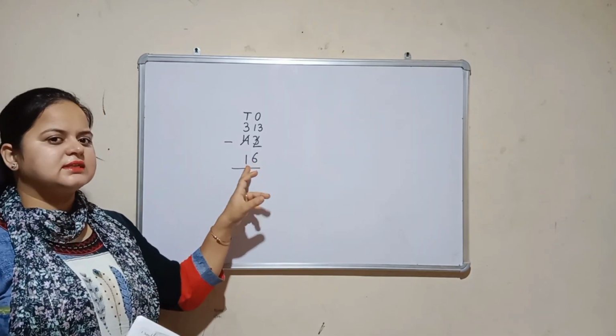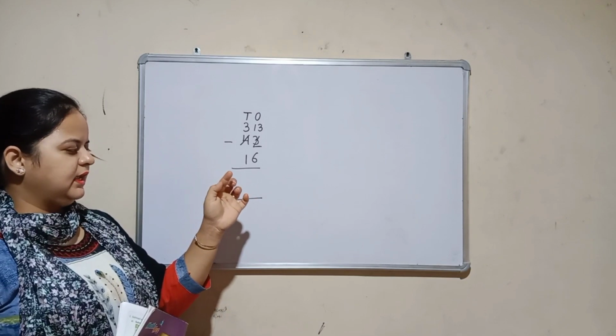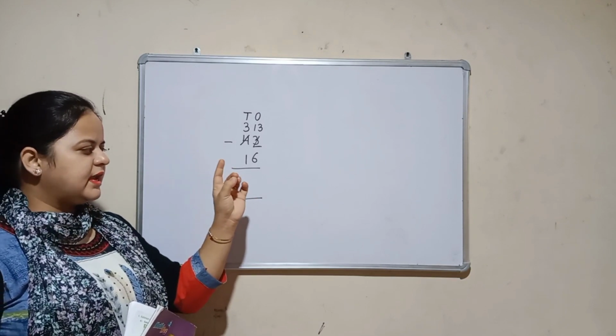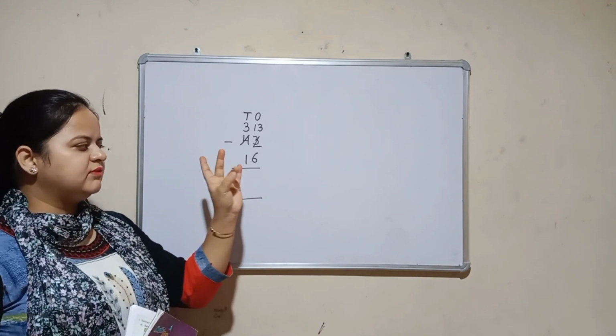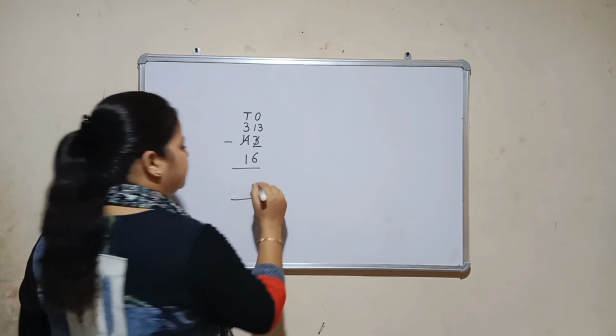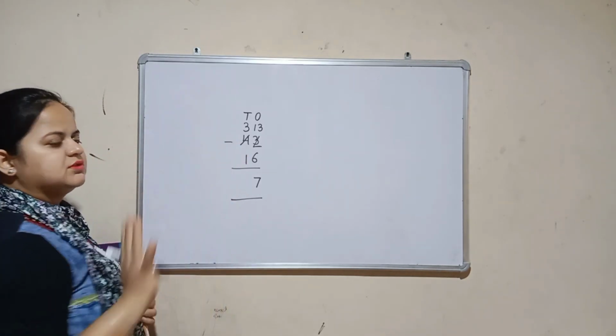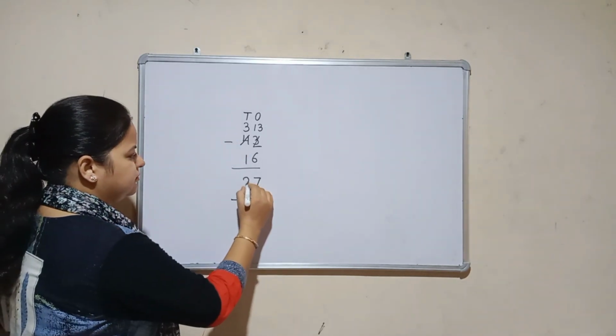This is 6, and we will count from the next number: 7, 8, 9, 10, 11, 12, 13. So here I have 7 numbers on my fingers. 7. Then 3 minus 1 is 2.